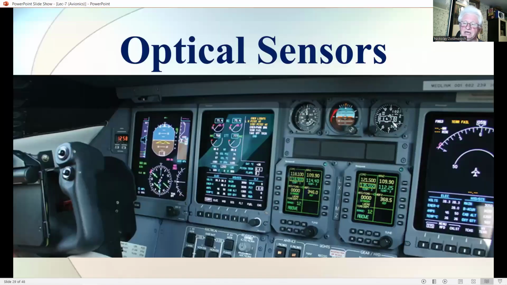Next subtopic today is optical sensors. There are a large number of sensors involved in the flight control system for a representative civil and military aircraft, respectively, many of these sensors being at quadruplex level.